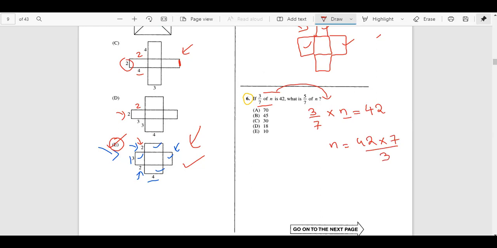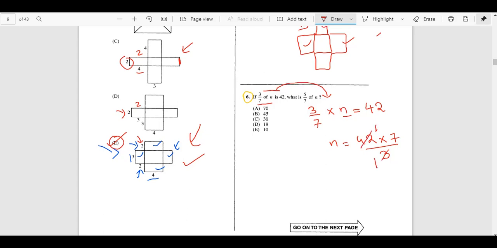In this part, yes, you can use the calculator, but we are going to cancel it out so we are good at mental maths as well. Now we have 14 into 7. N is 14 into 7. This is what we need. And we need to find 5 by 7 of n.